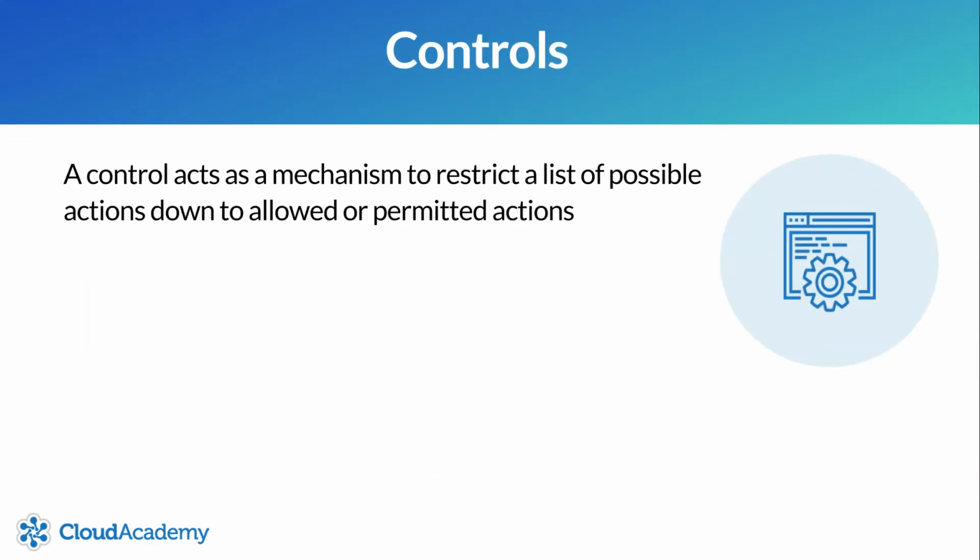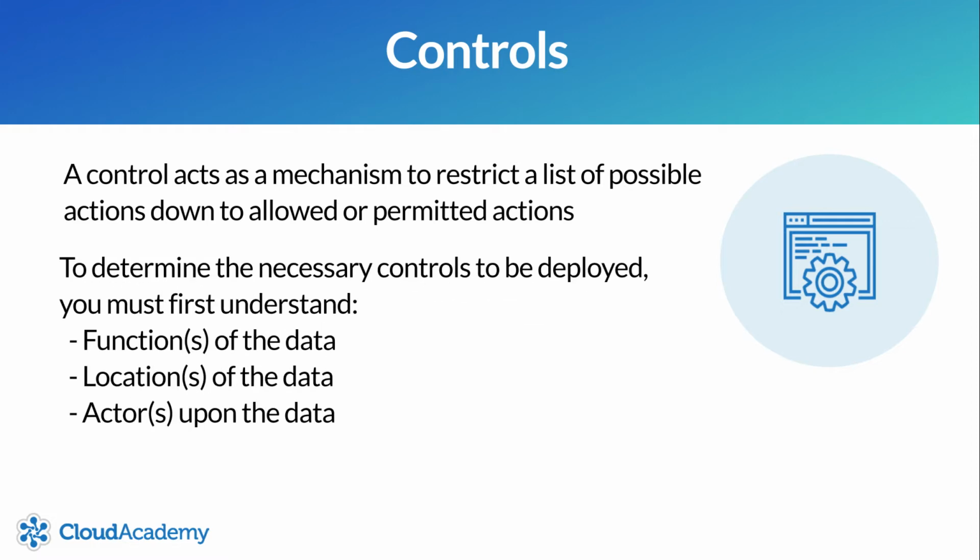The controls act as mechanisms to restrict the list of possible actions down to the allowed or permitted actions. To determine the necessary controls to be deployed, first we have to define the functions of the data, the locations of the data, and the actors who will act upon the data.